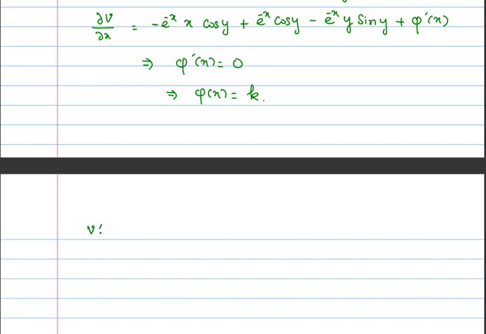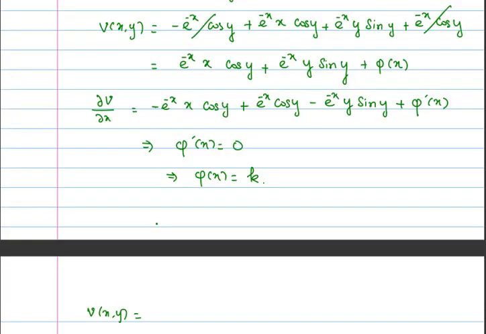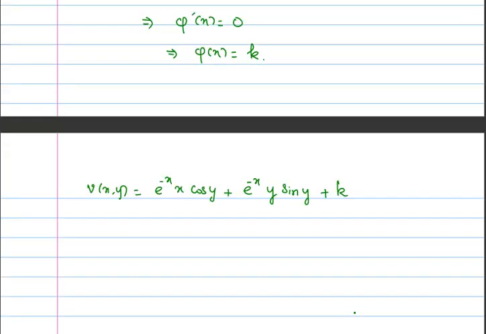So v of x, y is e^(-x) x cos y plus e^(-x) y sin y plus some constant k. Now this is the harmonic conjugate. This is the second part we have done.